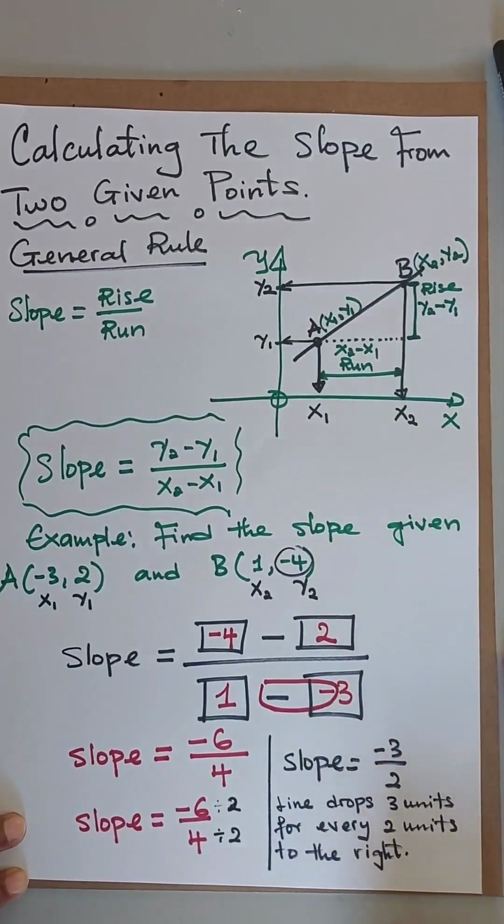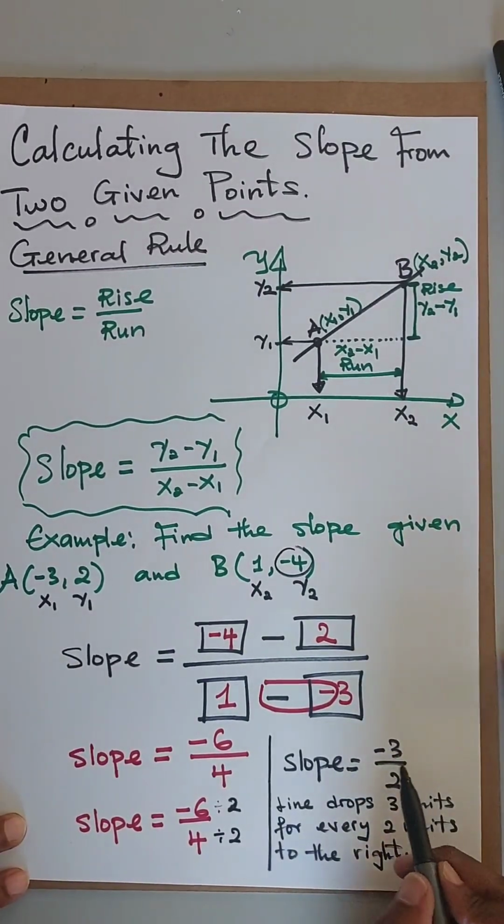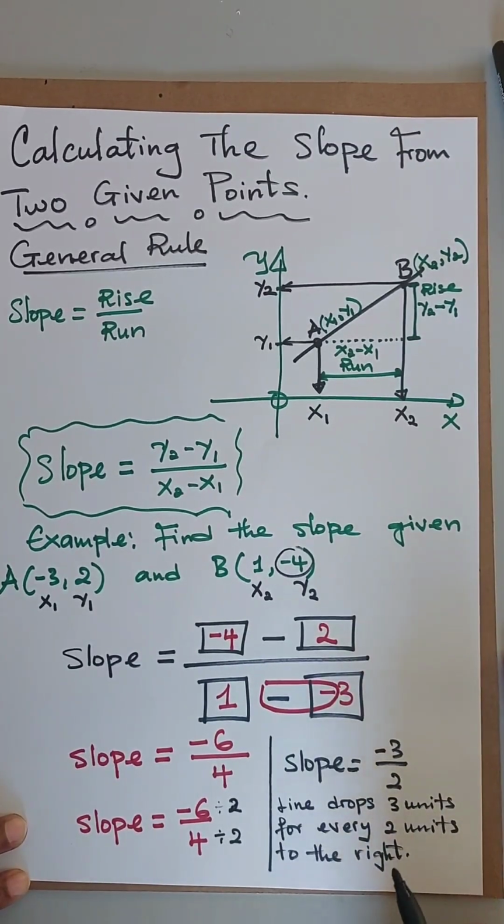So that is what that slope means. The change in the y is a negative, which is dropping, and the change in the x is a positive, which is going to the right.